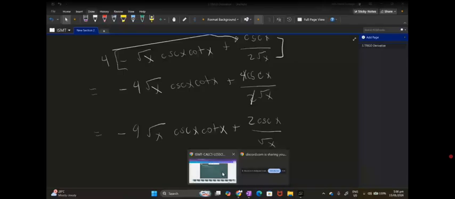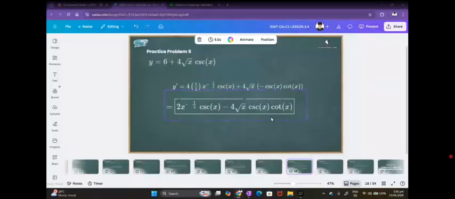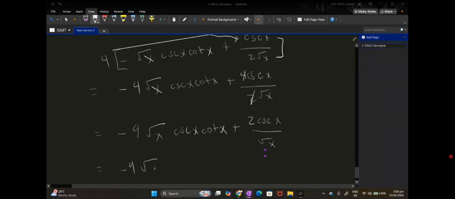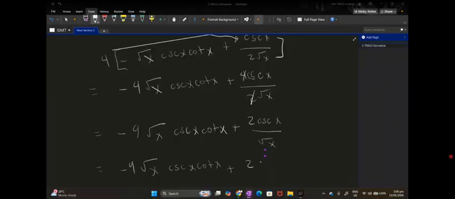Let's check. Ang nangyari kasi here, inakyat niya. So, pag ganon, magiging negative 4 square root of x, cosecant of x, cotangent of x, plus 2 x raised to negative 1 half cosecant of x.